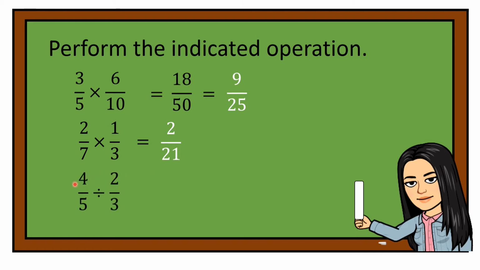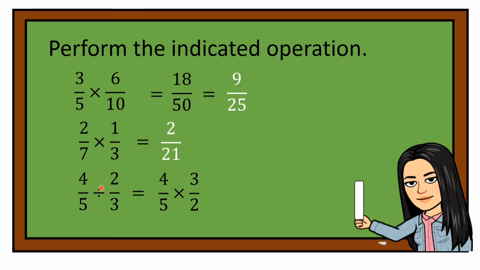Next, 4 over 5 divided by 2 over 3. So that would be equal to, first, we have to copy the first fraction, which is 4 over 5. And then, get the reciprocal of the second fraction, or what we call the divisor. So get the reciprocal of 2 over 3, that is equal to 3 over 2.